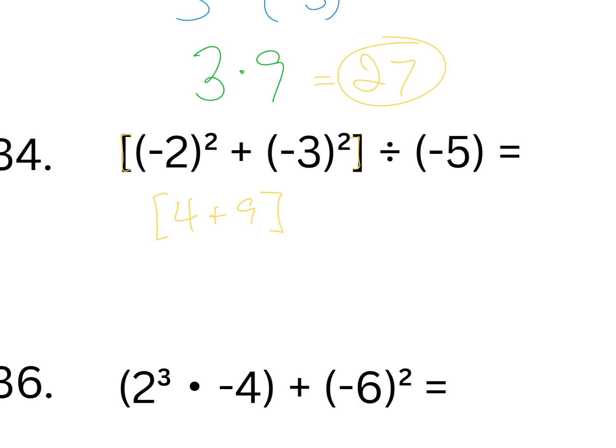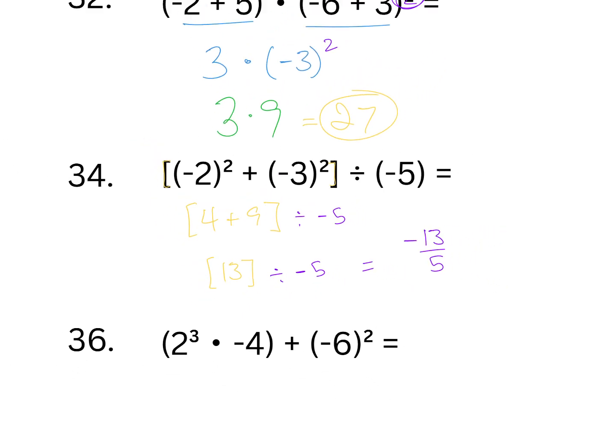These guys are still in the brackets, so we can keep focusing on them. 13. And then let's throw this divided by negative 5. And we get our first kind of ugly looking answer because it's a fraction. So negative 13 over 5, that works.